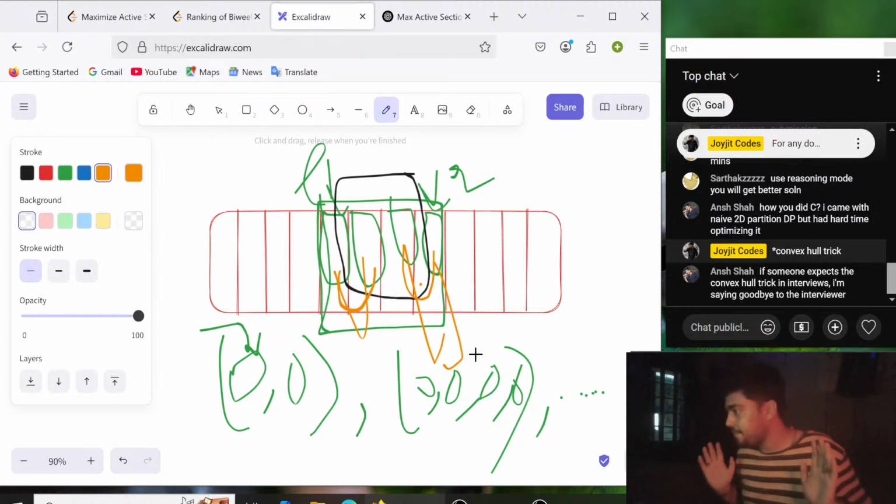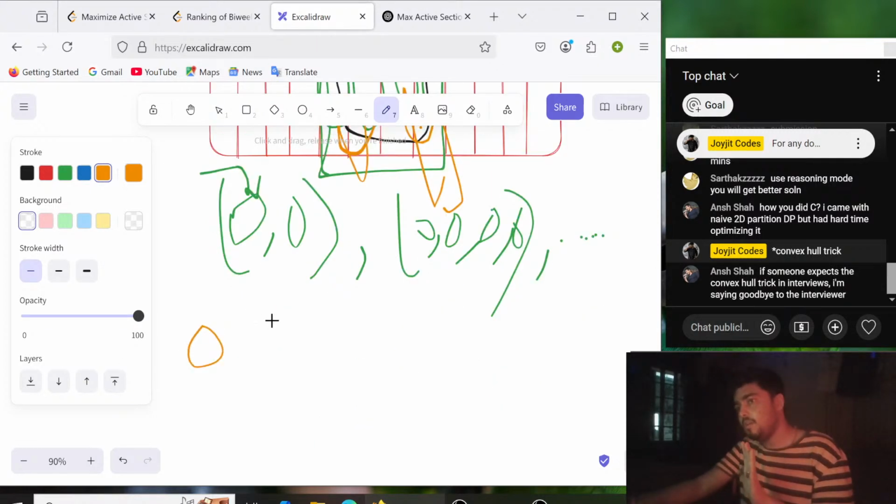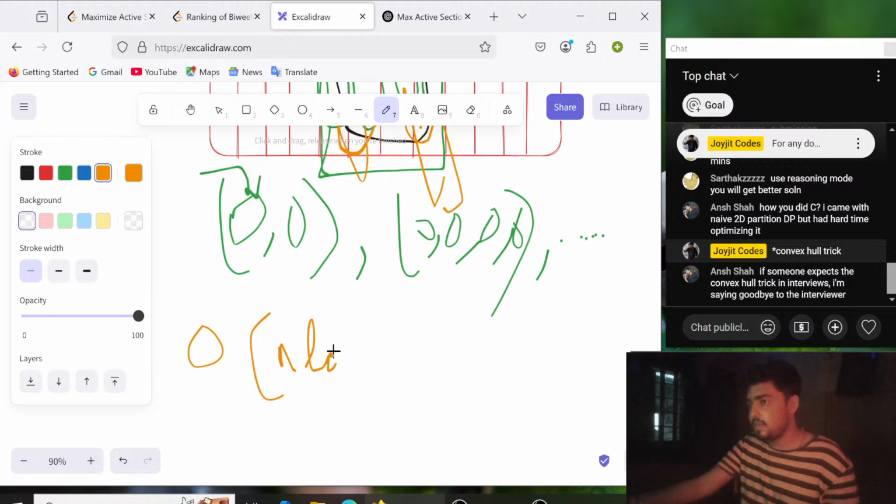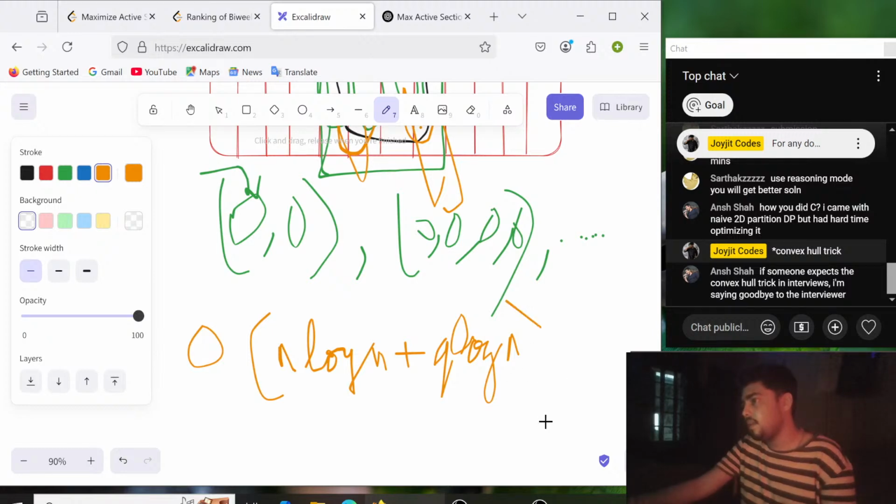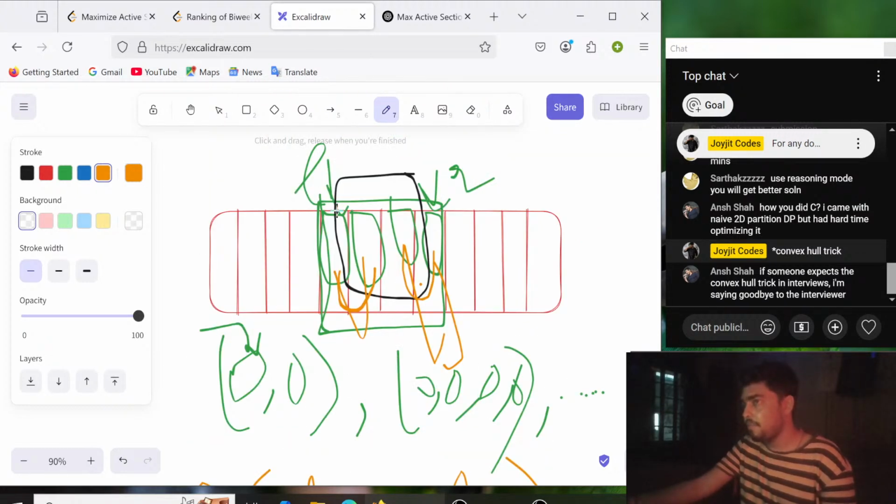So what is the time complexity? Big O. Obviously you have used n to pre-compute all of them, even the segment tree also. So let's say it has taken you big O n log n, plus for every query you have log of n, because from log of n you're getting this black, and this remaining 2 you can do in two steps, and that is a constant, right? 2 is a constant basically.